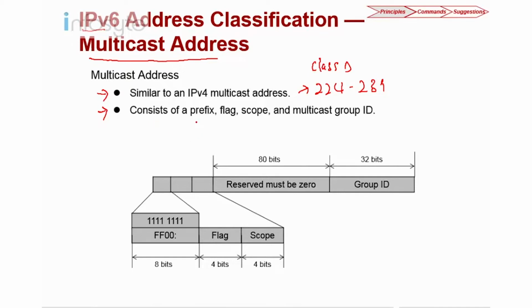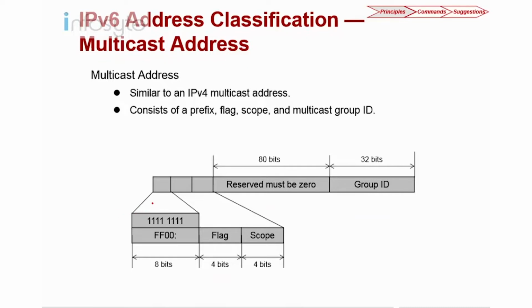In IPv6, the address consists of the prefix, which is this part here. Then the flag, which is 4 bits, then the scope, which is 4 bits, and finally the group ID, which is 112 bits. So it's very easy for us to recognize multicast in IPv6.